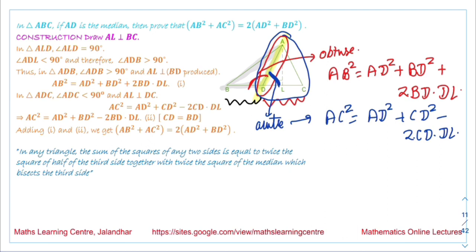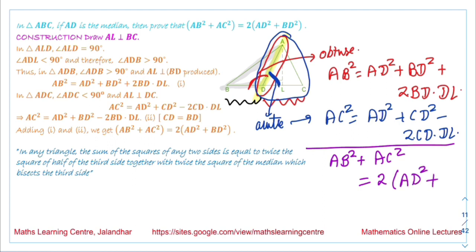Now if we add both these results, we will get AB square plus AC square is equal to 2 times AD square plus BD square. Why are we getting this value? Because in this case BD is equal to DC. This means this will become DC square.